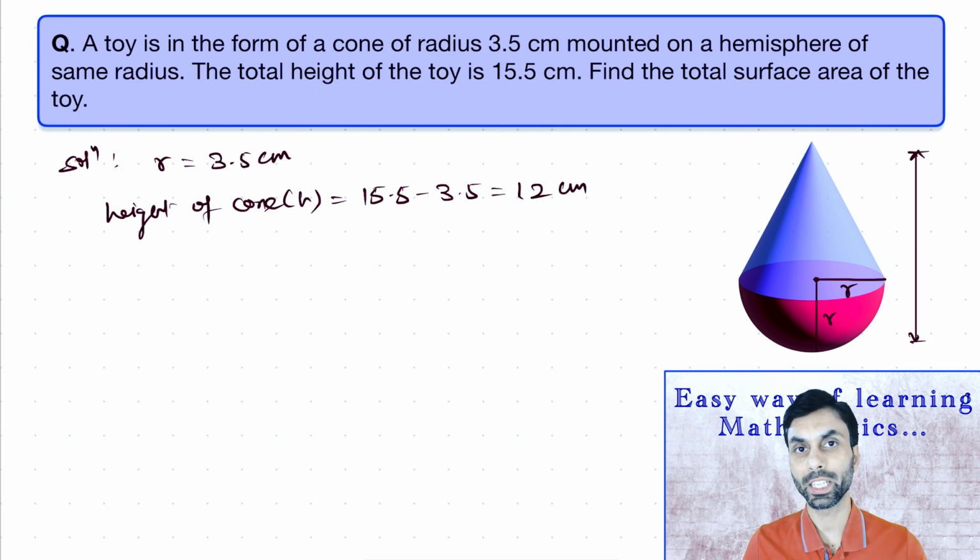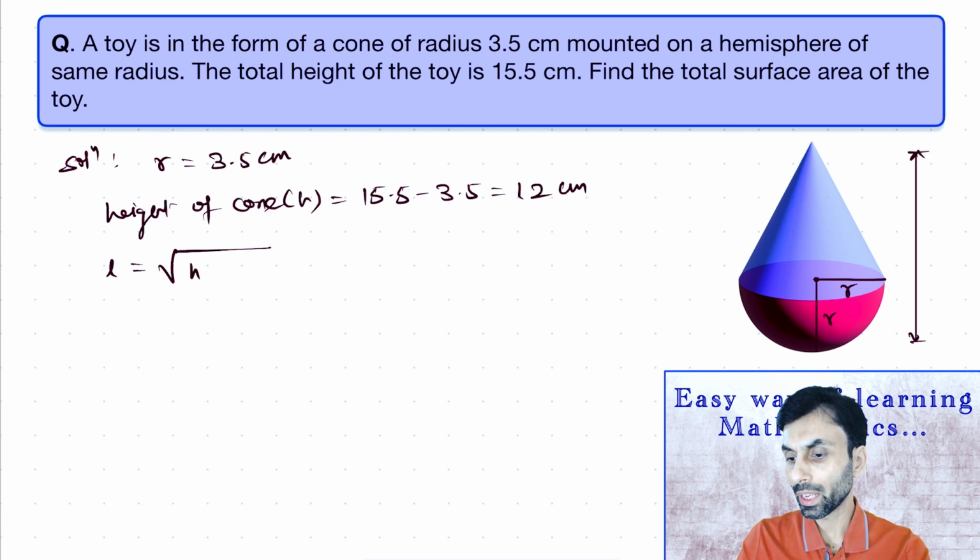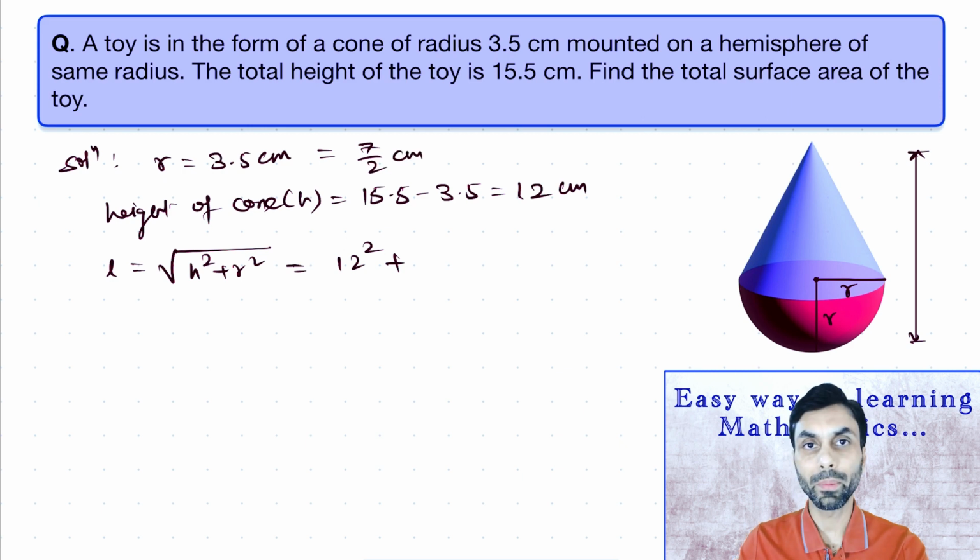And we know curved surface area of cone is pi r L. So we need to find the value of L first. So here L will be equals to square root of h square plus r square, which will be 12 square plus this radius 3.5, we can write it as 7 by 2 centimeter also.